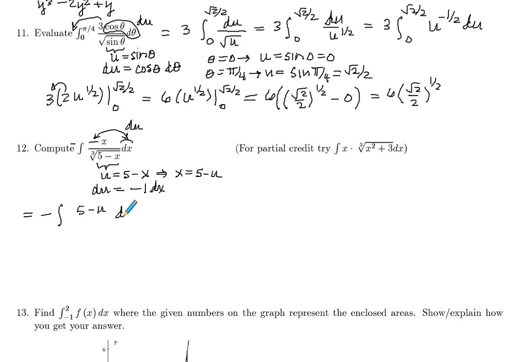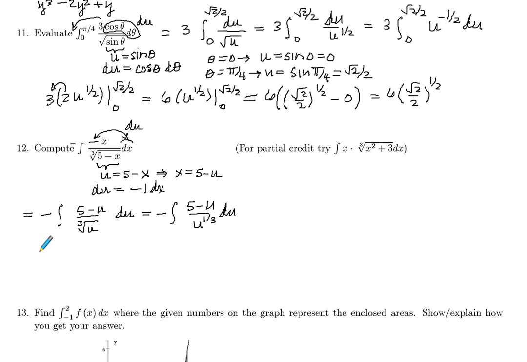Out on the right hand side is our du from the negative dx, and then down on the bottom we've got cube root of u. So everything's changed over to u. Now change this to a fraction exponent, bring it up to the top as a negative. So you've got negative integral 5 minus u, and then this will be u to the 1/3 on the bottom, du.